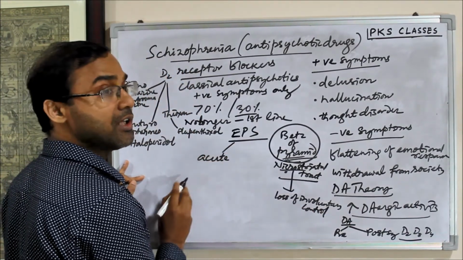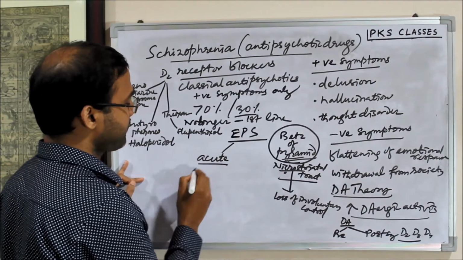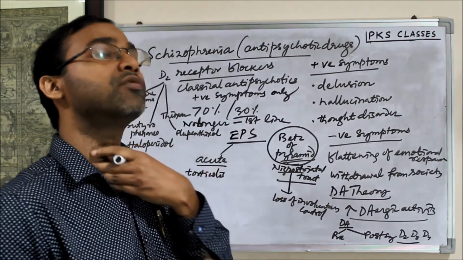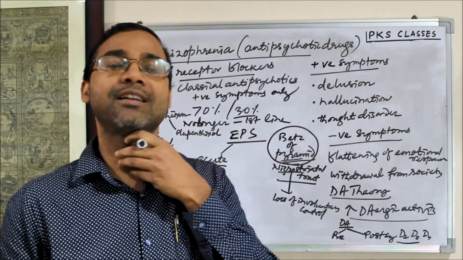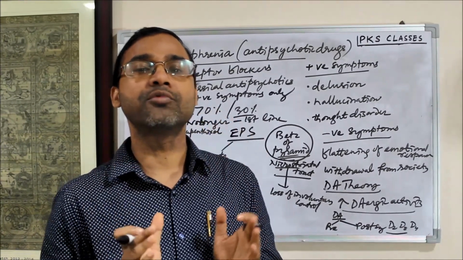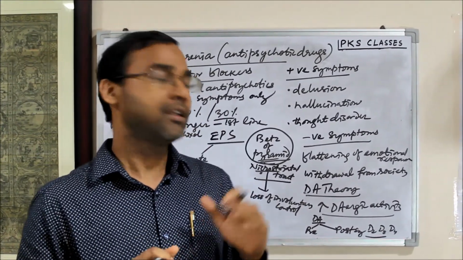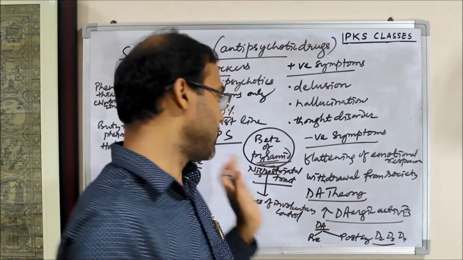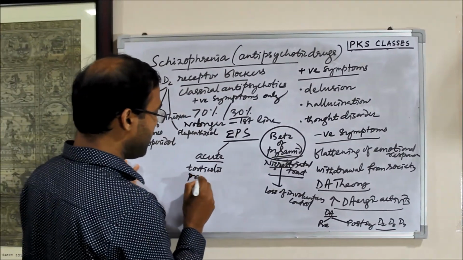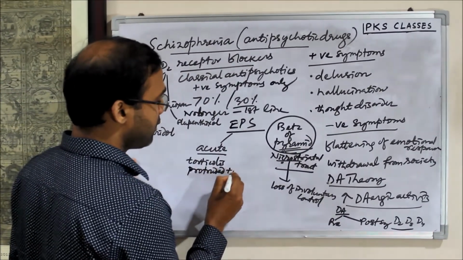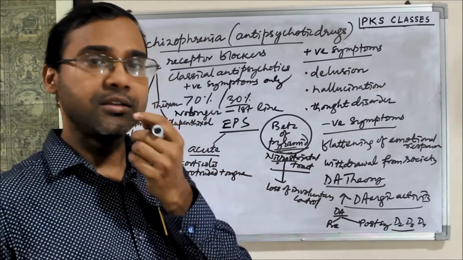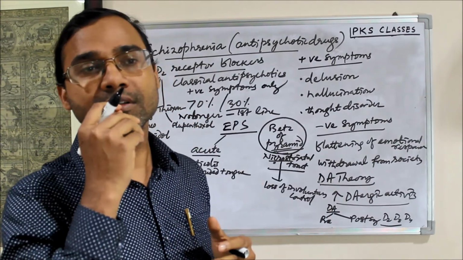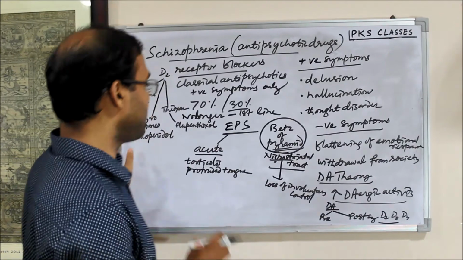So there will be acute dystonias, like torticollis. Normally the neck is straight, we don't have to try to make it straight. But when there is dopaminergic block, there will be a bent neck, torticollis. Then there will be a protruded tongue. The tongue normally remains inside our mouth, but when we lose that control, the tongue comes outside, protruded tongue. So that is acute.